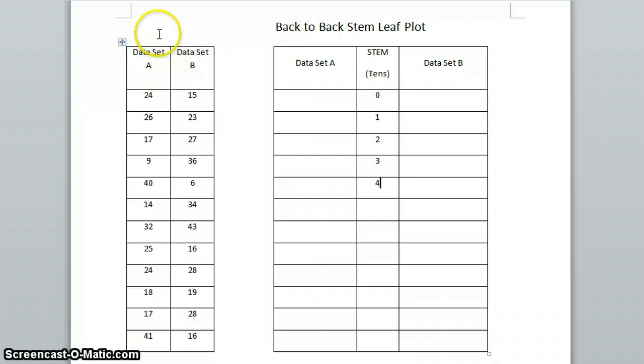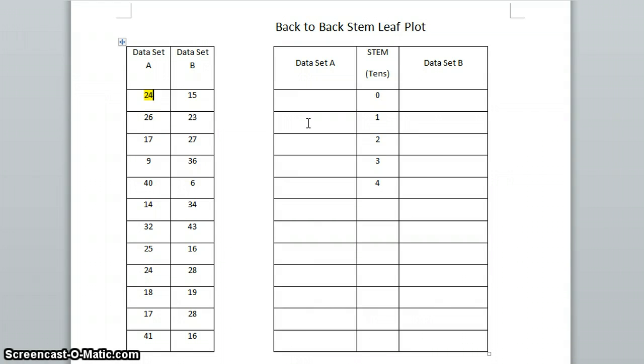then I'm going to simply look at each data set, and I'll start with data set A, and I'm going to go through each number and write them as they would appear here. So let's go. The first one's 24, and each time you use a number, I'm going to highlight it to tell me that I've used that number. You could cross it out if you're using pen and paper.